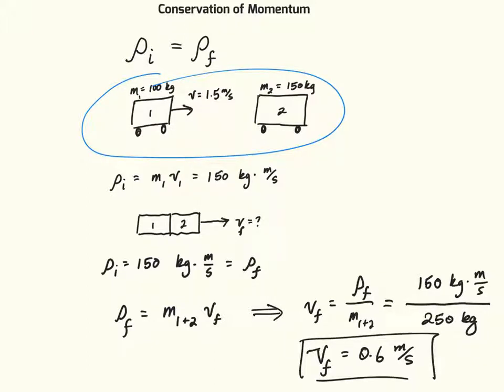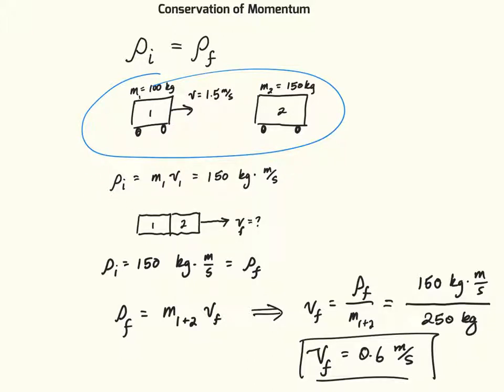So the big idea with conservation of momentum, and we're going to go through some more problems like this in the coming days to get really comfortable with it, is that whatever amount of momentum we have initially, we have to have finally. You could see that in this sample problem. The only thing that had momentum initially was cart 1, so as soon as we calculated the momentum for cart 1, that was our initial amount of momentum.